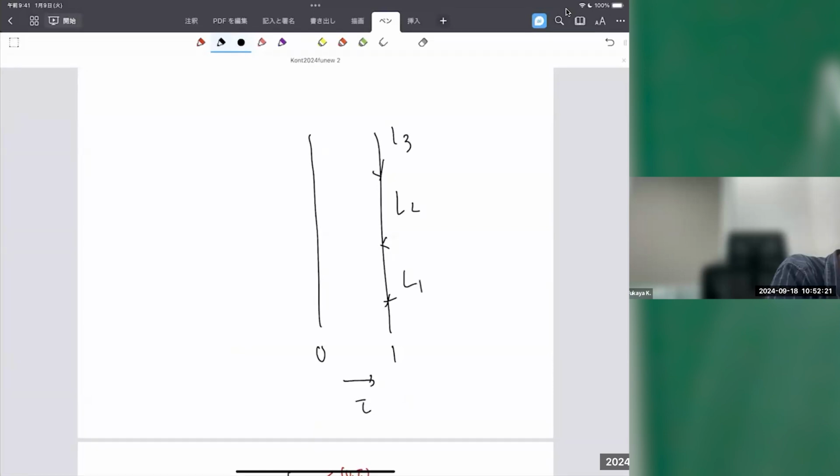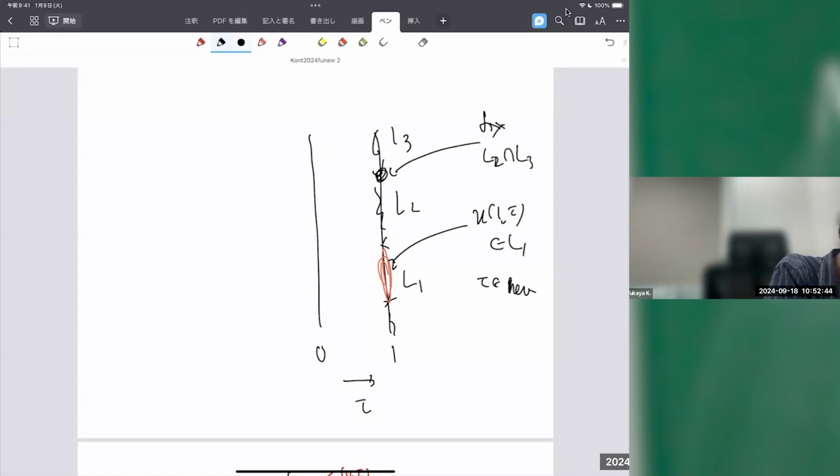Then we assume U(1, tau) is in L1 on this part. And then here you have L0 and L3, and a fixed point in L2 cap L3. So you require this goes to P. So that's the same as usual Floer theory.